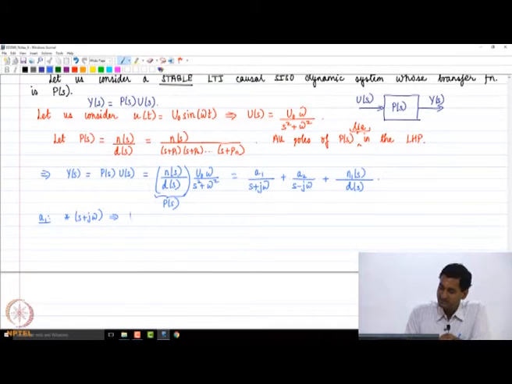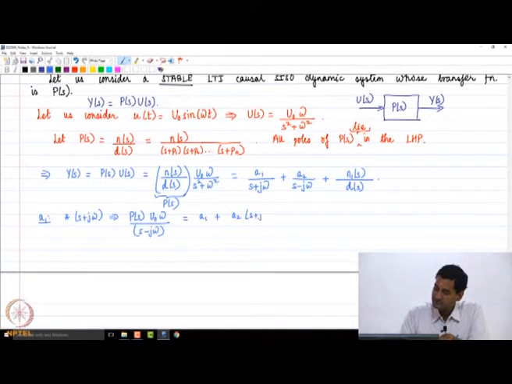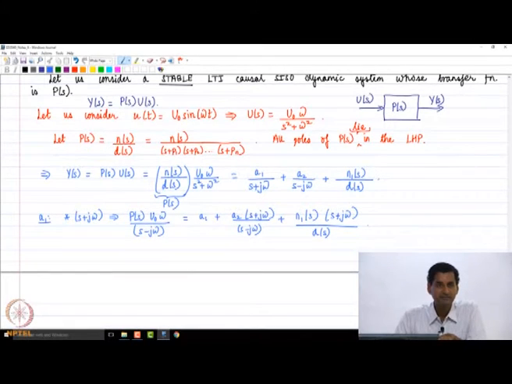If I do this, on the left hand side I will get P of s u naught omega divided by s minus j omega. On the right hand side, I will get A1 plus A2 times s plus j omega divided by s minus j omega, plus n1 of s which is left behind, times s plus j omega divided by d of s, right.